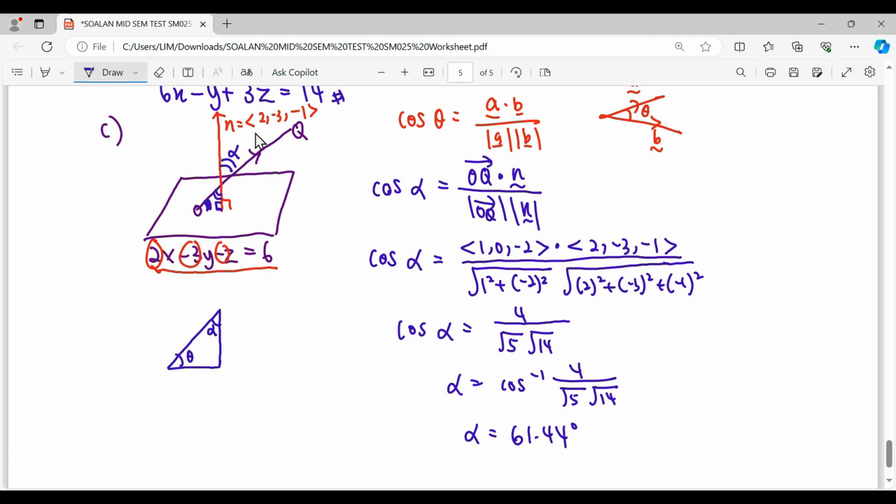And since this vector n is normal, it means it is perpendicular coming up from the plane. So to get the angle that we want, 180 in the triangle, 180 minus 90, then minus alpha. So lastly it will be 90 minus alpha, which is 61.44.